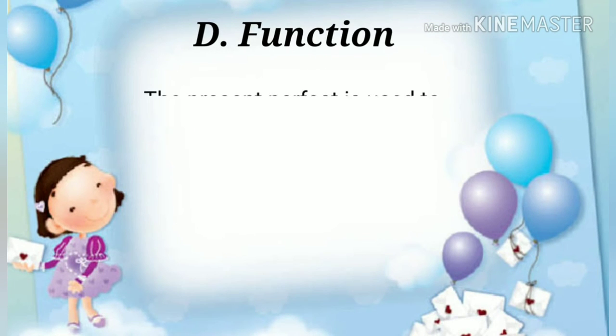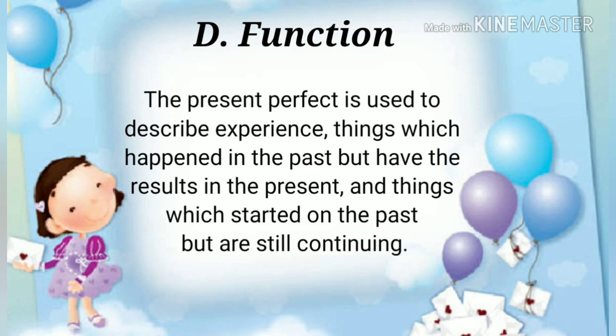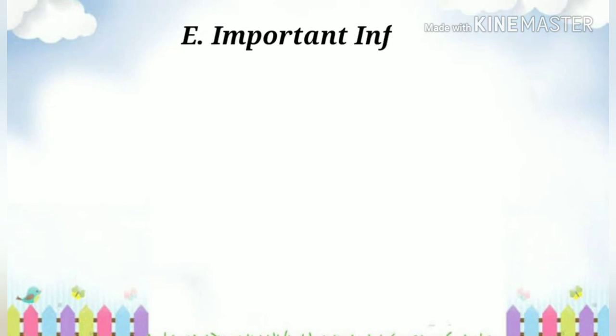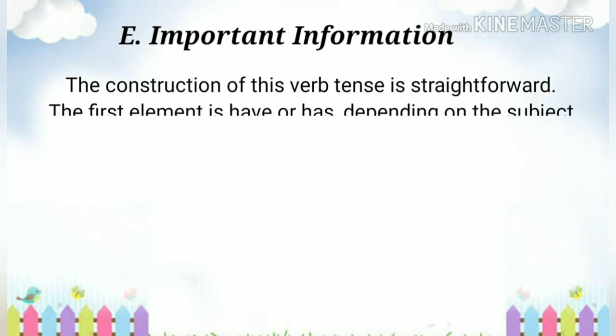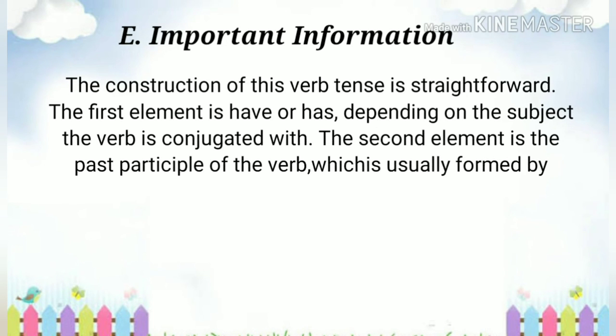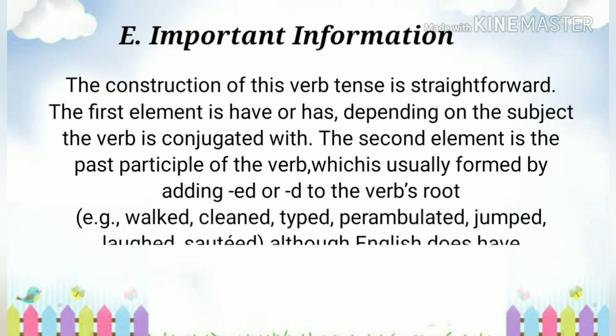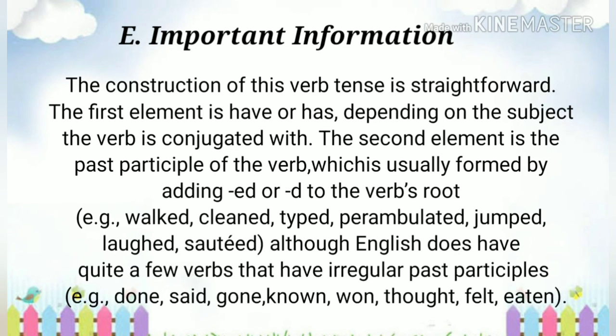Function. The present perfect is used to describe experiences, things which happened in the past but have a result in the present, and things which started in the past but are still continuing. Important information: the construction of this verb tense is straightforward. The first element is have or has, depending on the subject the verb is conjugated with.